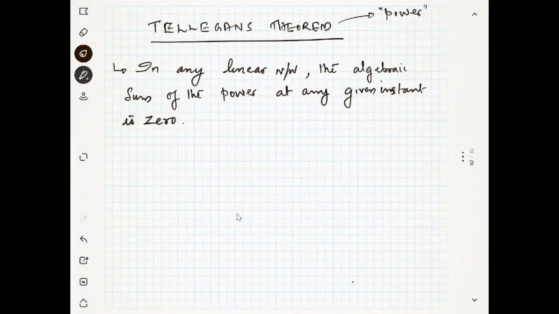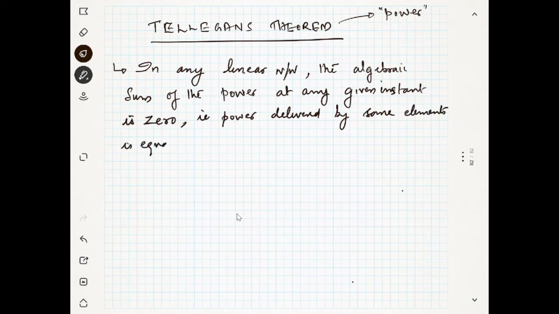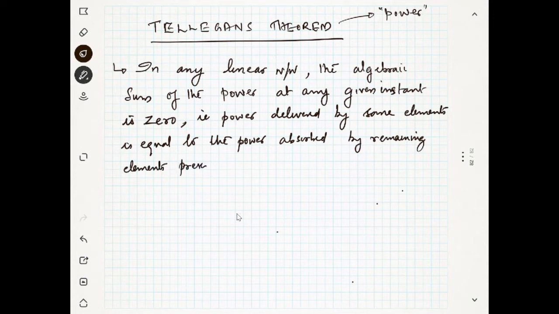We will come to this later anyway. So the power delivered by some elements is equal to the power absorbed by the remaining elements present in the circuit, or present in the network.